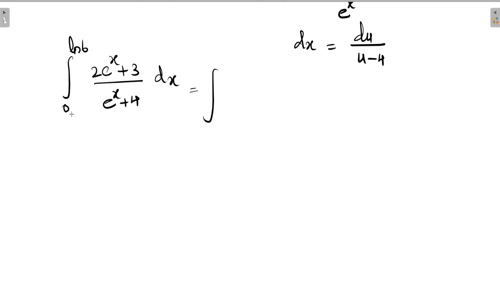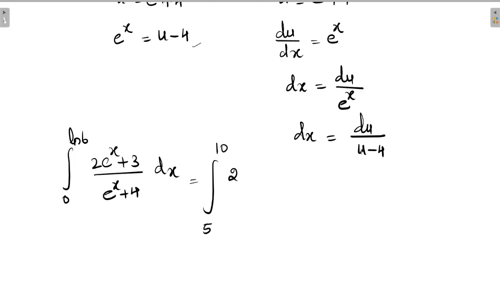So we found the lower limit and upper limit is 5 to 10, 2 times e power x. E power x is u minus 4. So 2 times u minus 4 plus 3 divided by, again e power x is u minus 4 plus 4 times dx. dx is du by u minus 4.